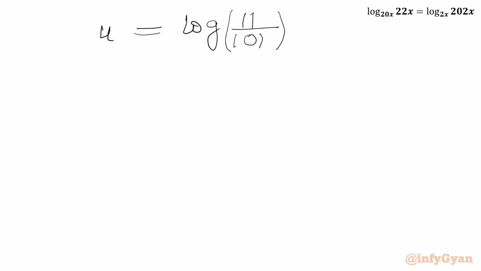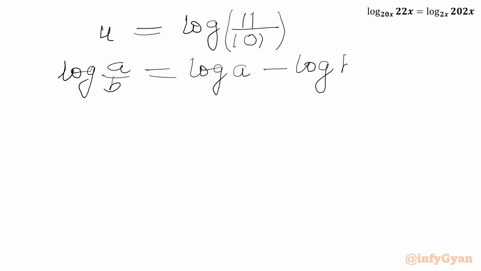Now we can apply another log property: log a over b is equal to log a minus log b. So I can write u will be equal to log 11 with base 10 minus log 101.